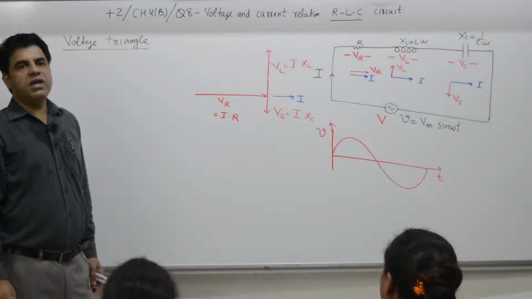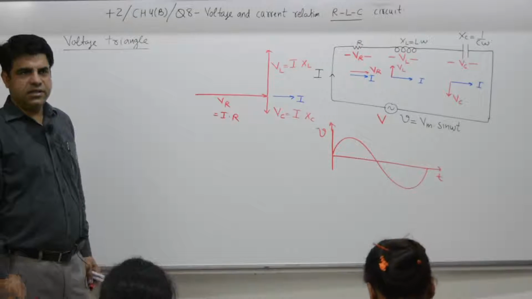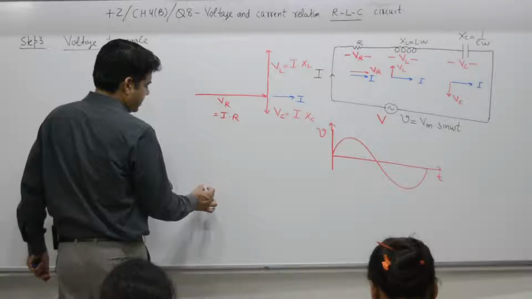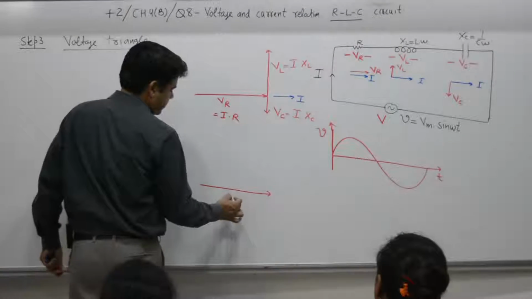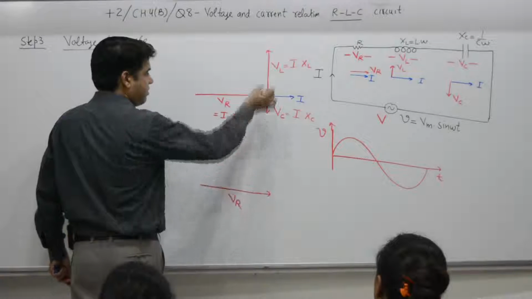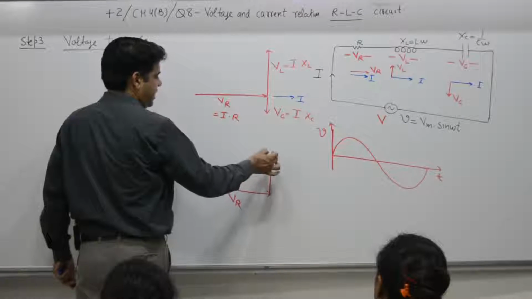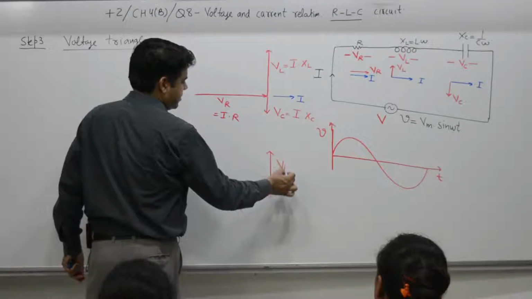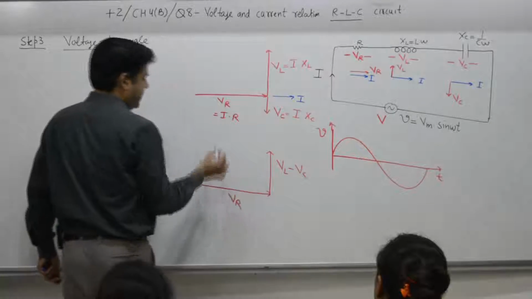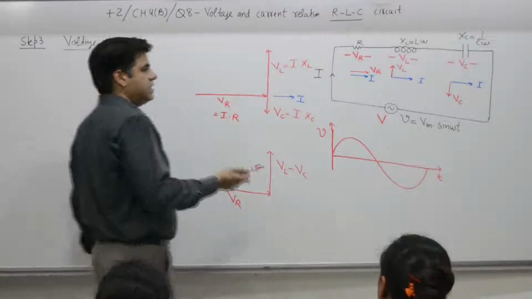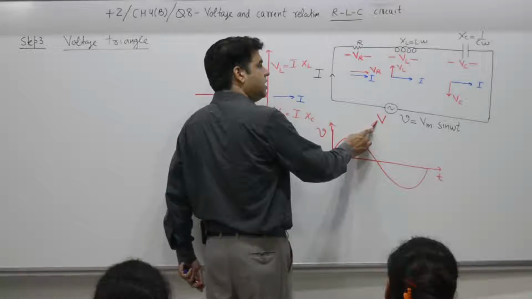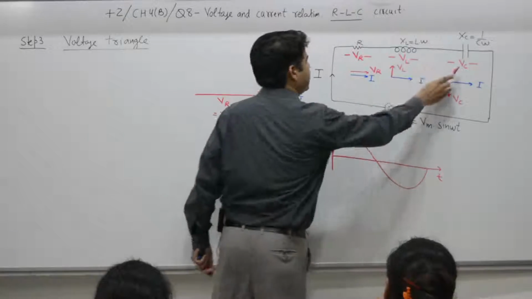Oppose each other. They are 180 degrees out of phase. That is why we can write it like this. VR as it is, this VL minus VC, and the result is V, the result or effect of VR, VL and VC.